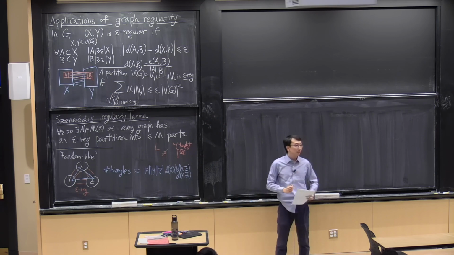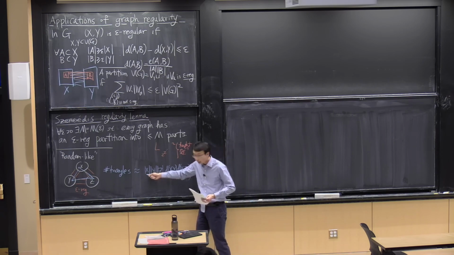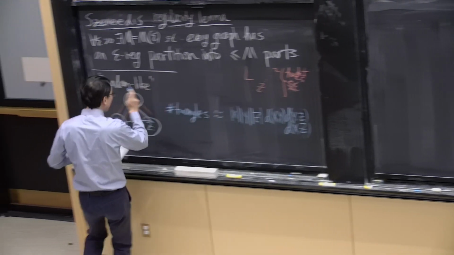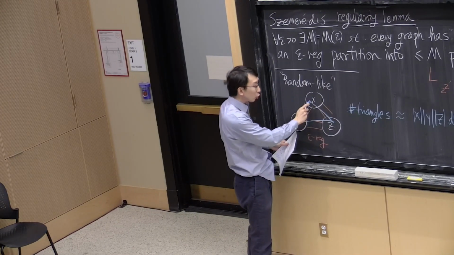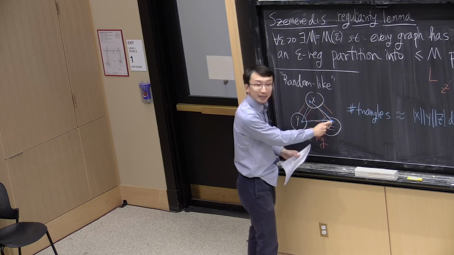Yes, question? Why are we only multiplying the sizes of x, y, and z? So we're trying to find out how many triangles there are with 1 vertex in x, 1 vertex in y, and 1 vertex in z.